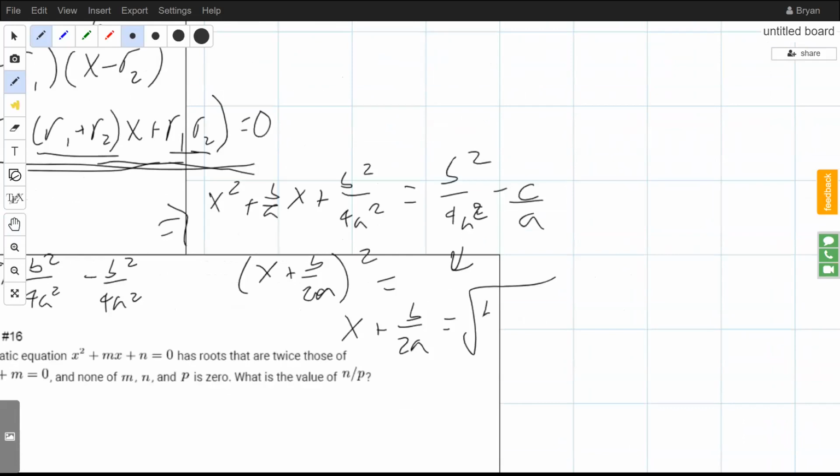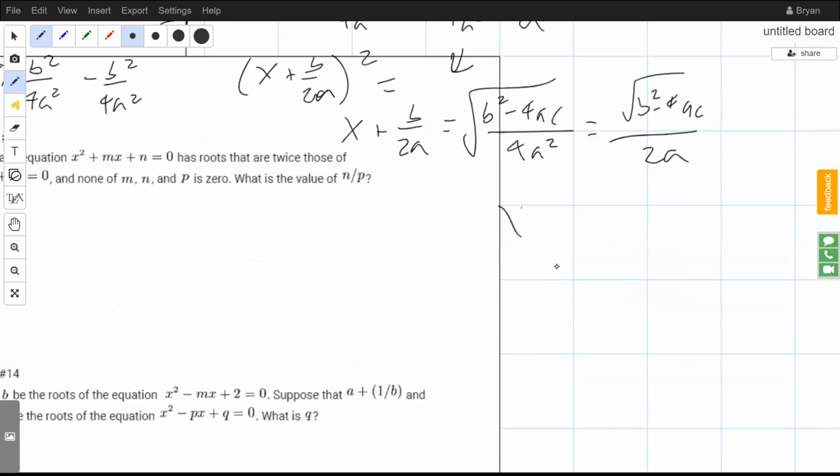Actually, it's just going to be b squared minus 4ac all over 4a squared. And this is going to be equal to the square root of b squared minus 4ac all over 2a.